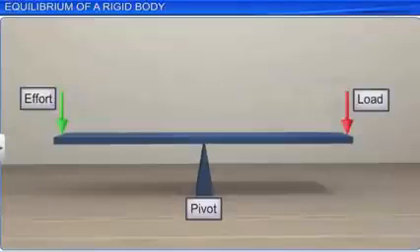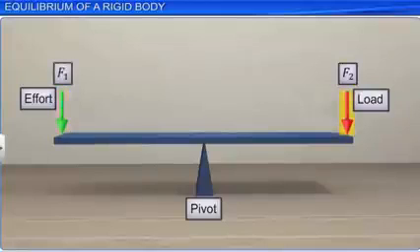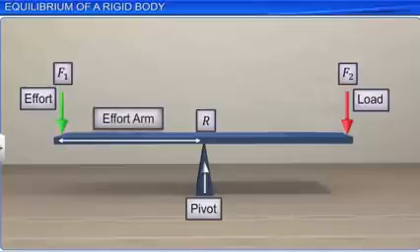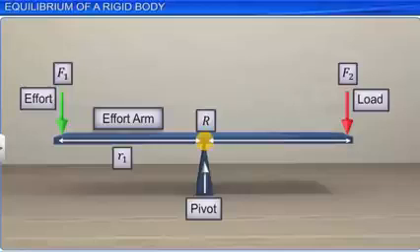Let the effort F1 and load F2 be the 2 forces acting on the lever perpendicularly in the downward direction, and R be the force exerted by the pivot in the upward direction. The distance between the pivot point and the point of application of effort is called the effort arm, R1. The distance between the pivot and the point of application of load is called the load arm, R2.